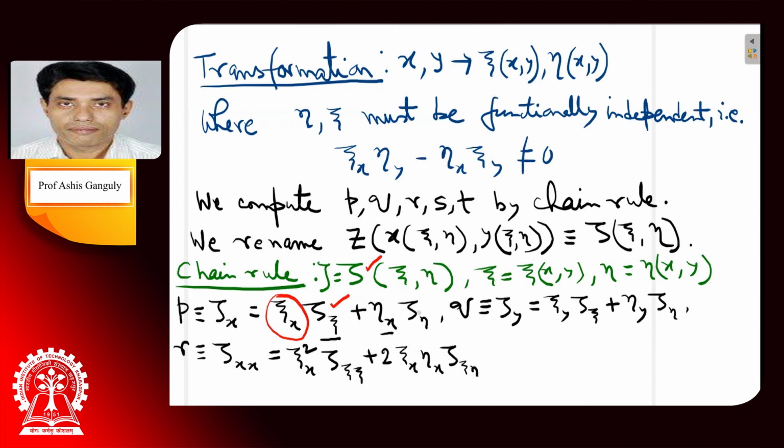But see, from this term, similarly xi x eta x zeta xi eta will come, because zeta xi eta and zeta eta xi are the same, as I told you. So this factor 2 came. So another second order term will be plus eta x square zeta eta eta.